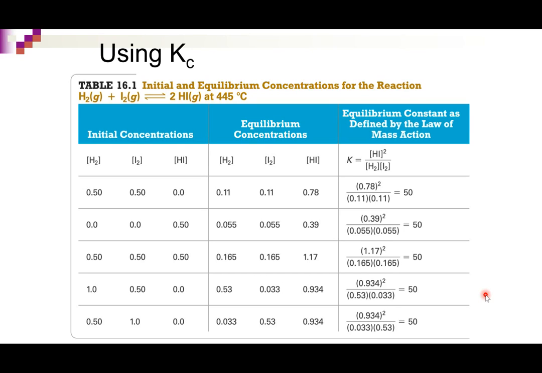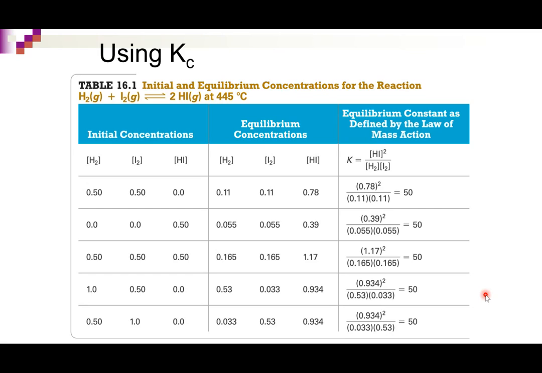The system will always find the equilibrium. And when it finds the equilibrium, the K will be the same, a constant, right? Not that the concentrations are all going to be the same, but when we take the ratio of the concentrations, those will always be the same at a given temperature.